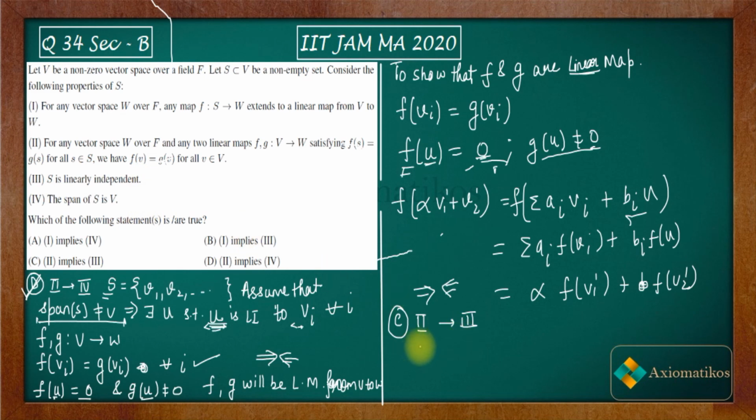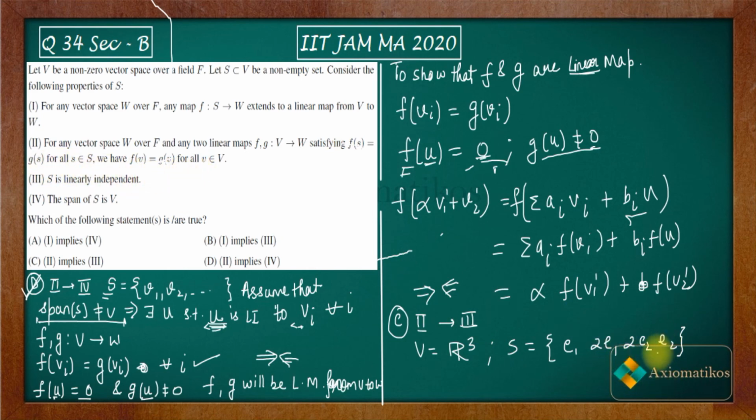For that, I will give you a hint. Work on R cube and consider your S like this: E1, 2 E1, E2, or any multiple of it. Consider this S, and try to work on this, and even after working on this you will get that this property is always satisfied.